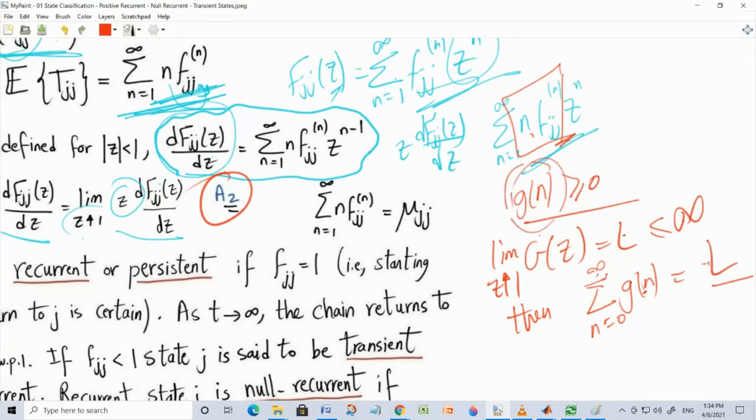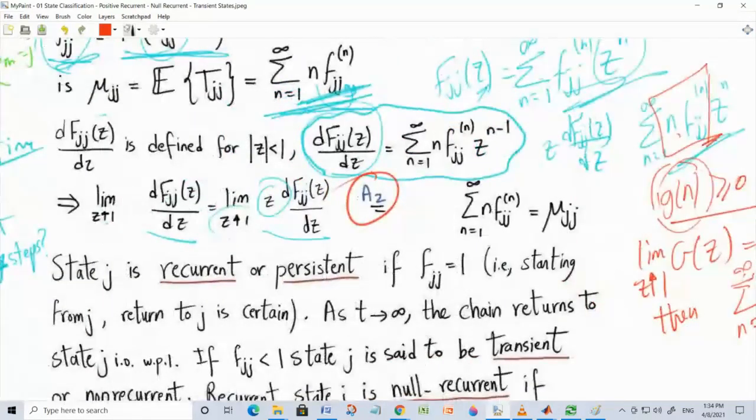But the condition is that we are talking about a non-negative sequence. So Abel's limit theorem tells you that this limit is exactly equal to the summation n from 1 to infinity of n fjj of n, which by definition is the first moment, or the mean recurrence time.